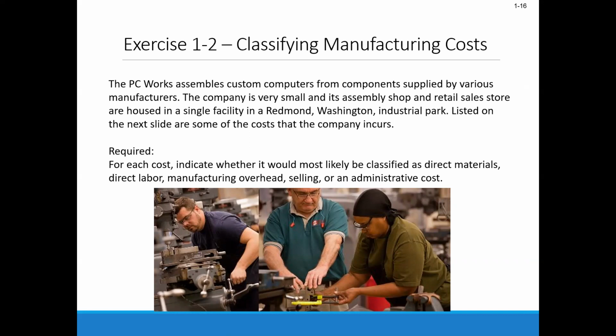Listed on the next slide are some of the costs that the company incurs. For each cost, indicate whether it would most likely be classified as direct materials, direct labor, manufacturing overhead, selling, or an administrative cost. Okay?